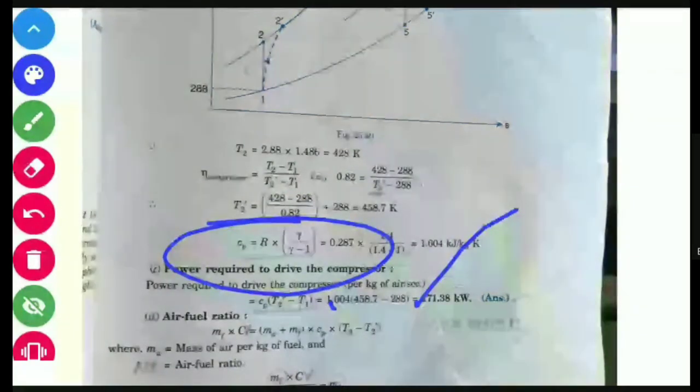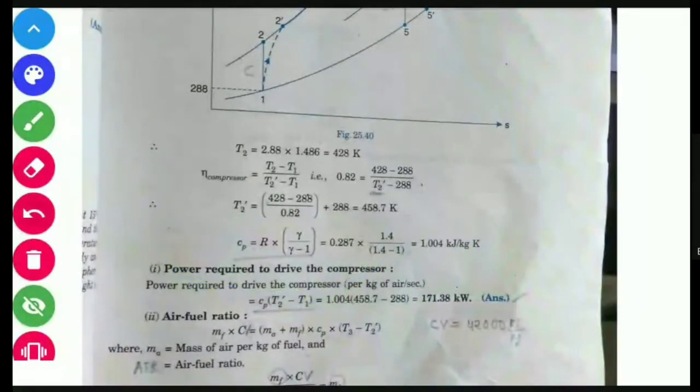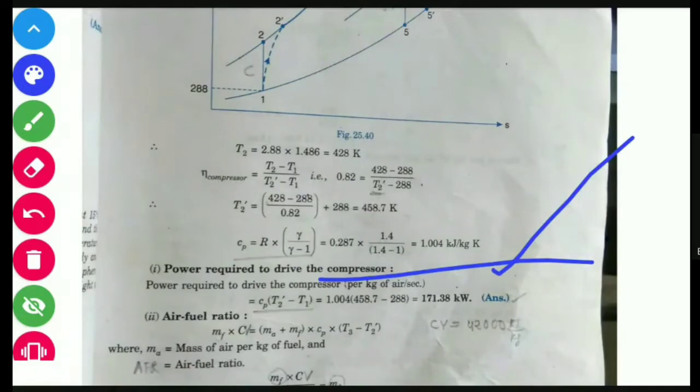Given the R and gamma values, you can substitute and find the Cp value. This is 1.004, also a standard value: Cp is 1.004 kilojoule per kg Kelvin.